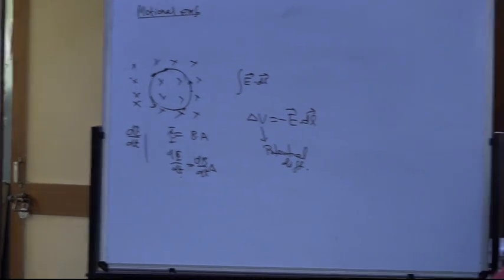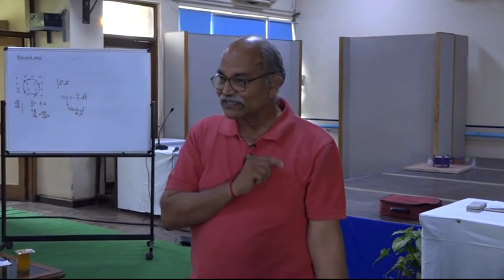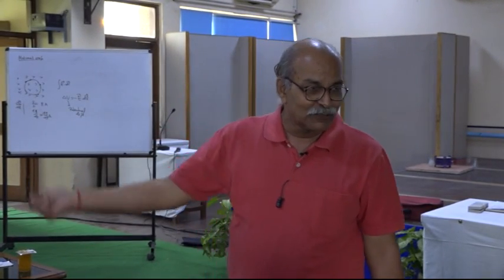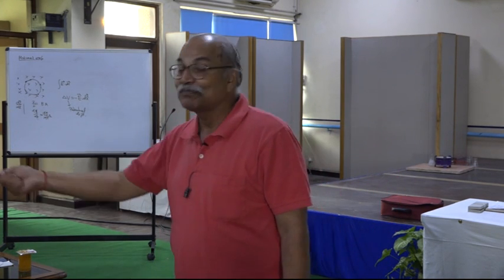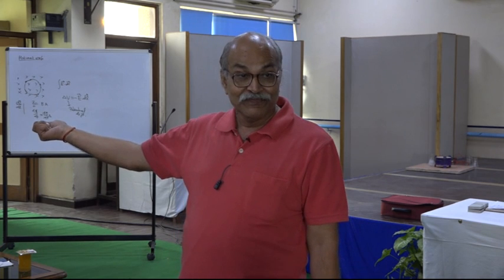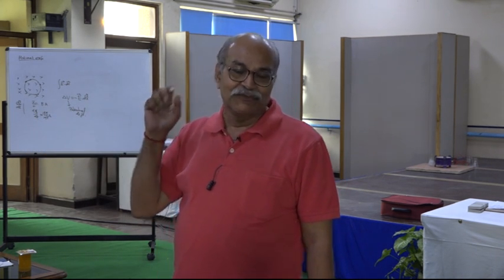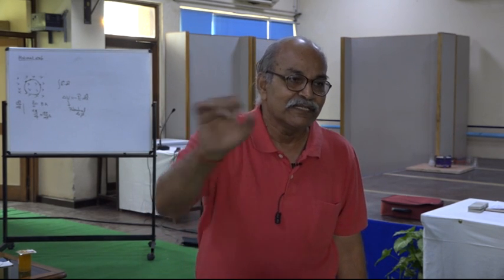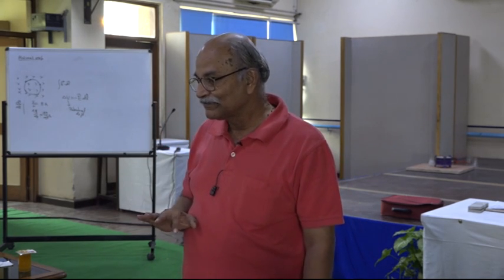If you go along the electric field, does potential decrease or increase? Decreases. Whenever you apply Kirchhoff's loop law and go in the direction of current, you say that the potential has decreased, R into I. The direction of current is the same as the direction of the electric field inside. So whenever you go in the direction of the electric field, potential will decrease. You say E is minus dV by dx and all that.